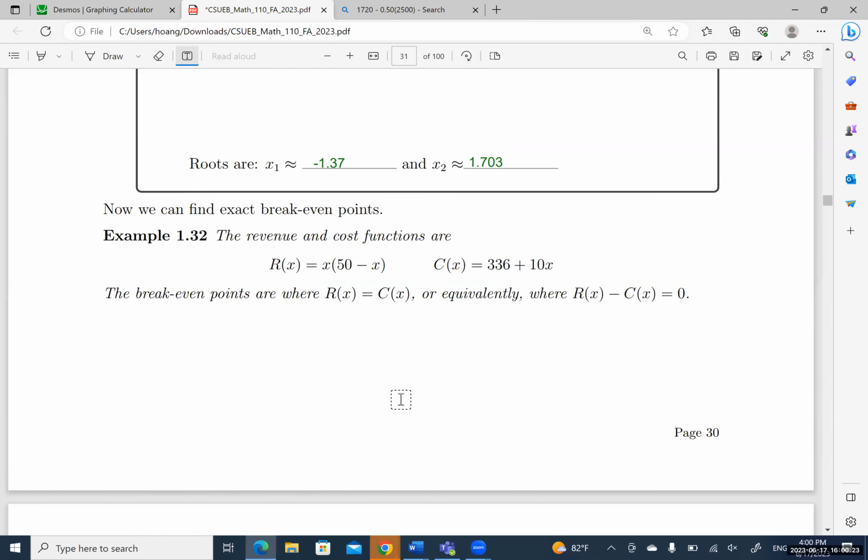So all the above information was trying to find zeros using the zero factor property and using the quadratic formula, right?